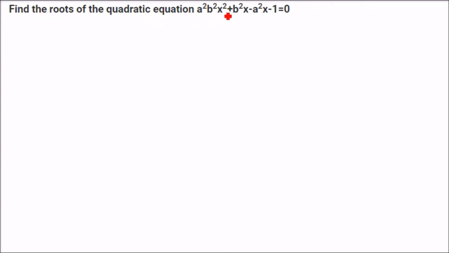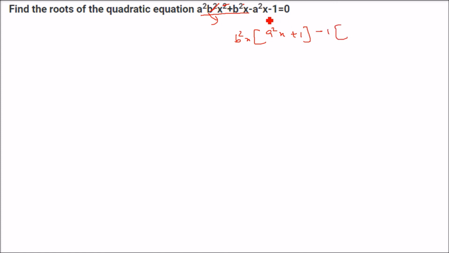Find the roots of the quadratic equation a square b square x square plus b square x minus a square x minus 1. Now from here you can take b square x common. What will remain? b square x I have taken common, so a square x will remain, and only 1 will remain.